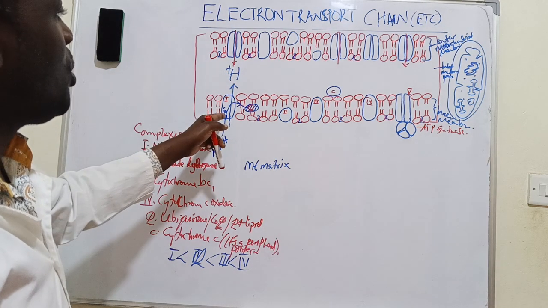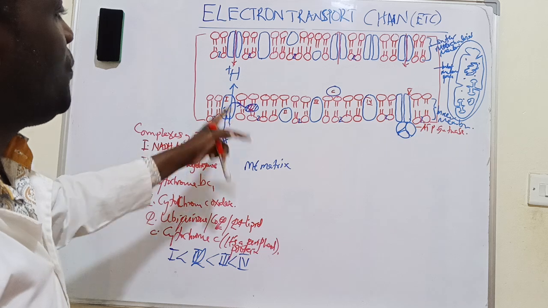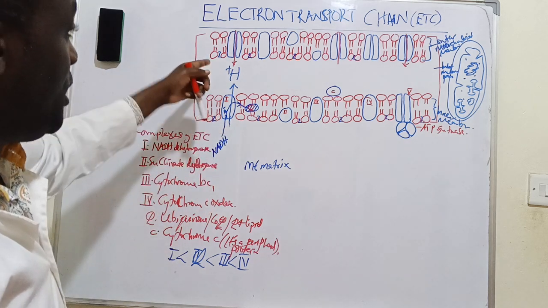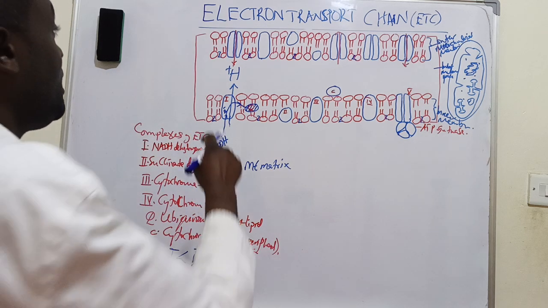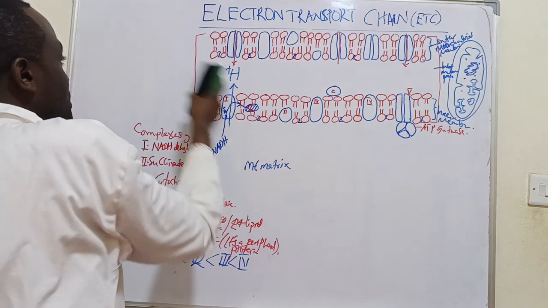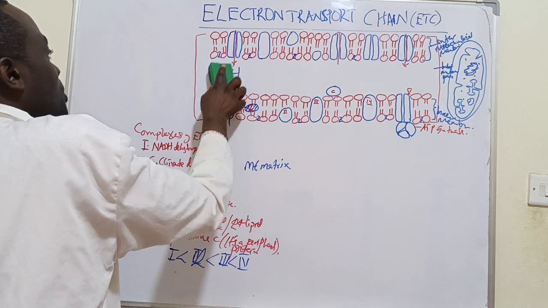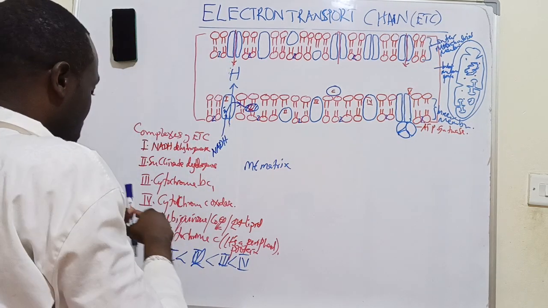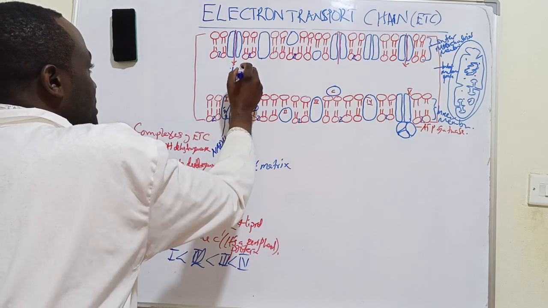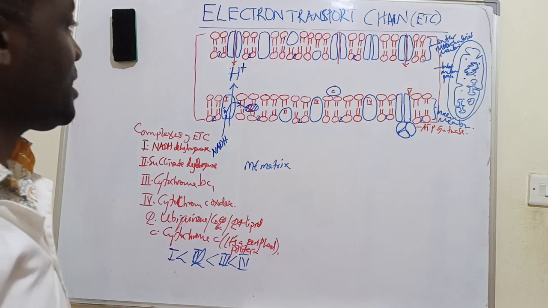For 1 mole of electron, there is a mole of proton pumped to the intermembrane space. Okay, that's very important to understand.